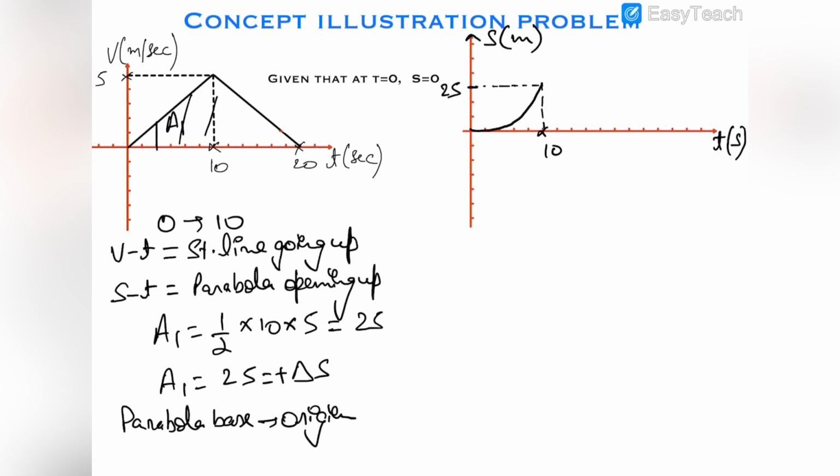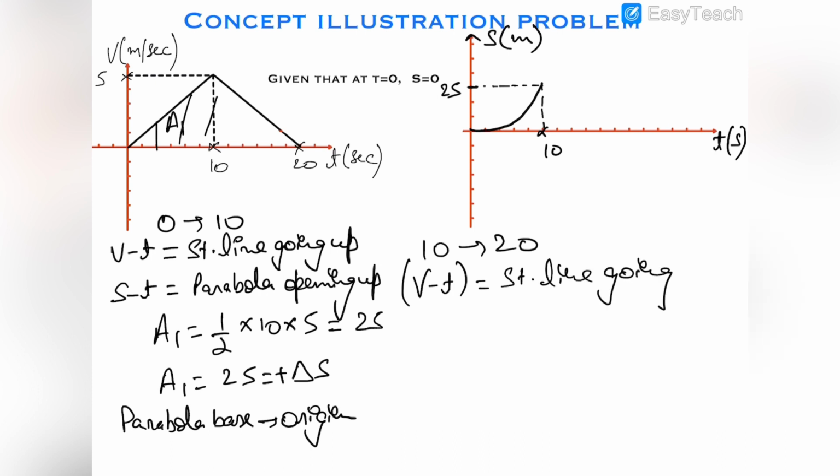Okay, now from 10 to 20 seconds, you can see that the VT graph is a straight line going down. Okay, and therefore the ST graph will be a parabola opening down.